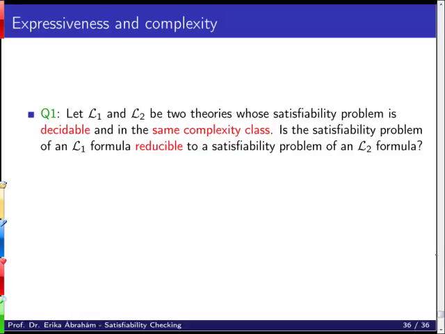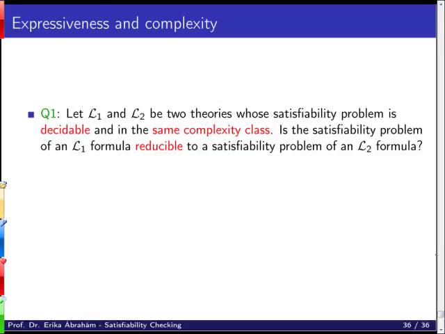Can I just say I solve the formula in one? However, being in the same complexity class only means that L1 and L2 both have a solution in this complexity. But now the question is, can I solve L1 by solving L2? Actually, couldn't L1 be solvable in P and L2 only in NP? Then both are in NP.